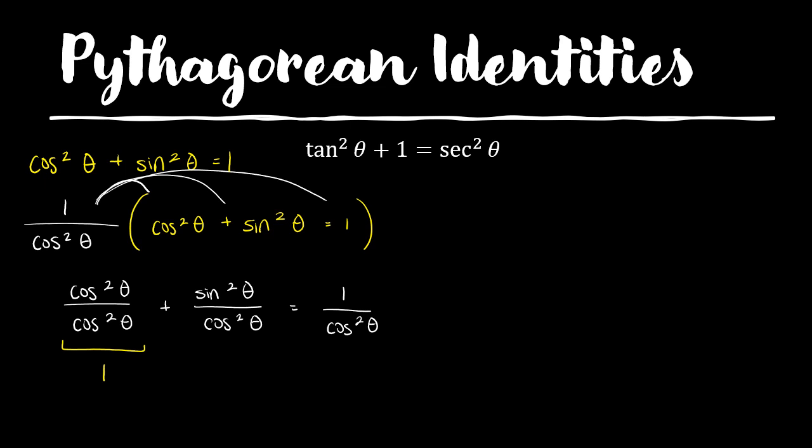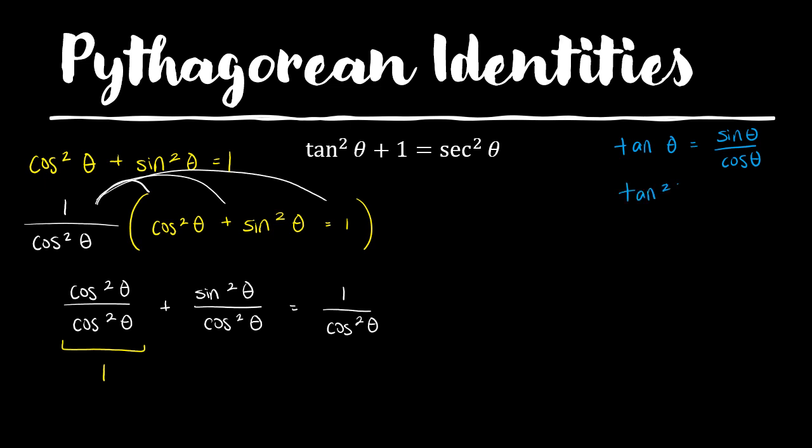Well, I'm going to ask that we remember one of our original identities that we already talked about. One of the quotient identities, in fact, that told us that tangent is equal to sine over cosine. Well, it turns out we can square this entire equation and it is still true.